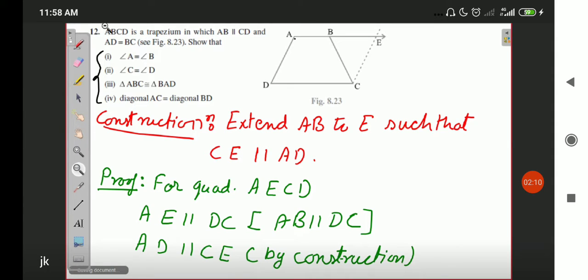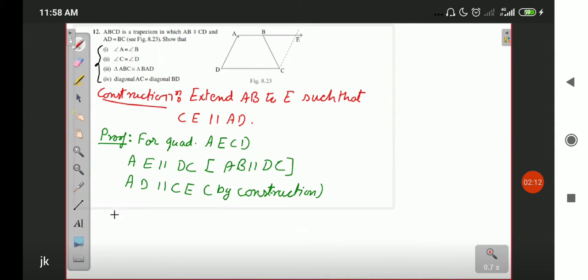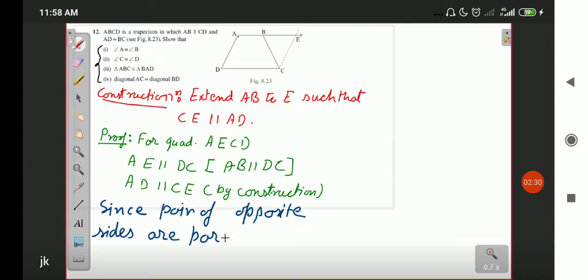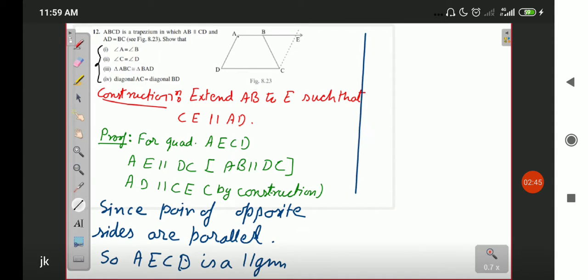Okay, so with all this, since a pair of opposite sides are parallel, AECD is a parallelogram.